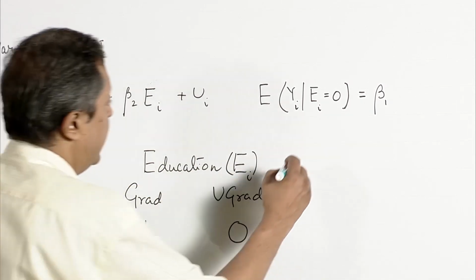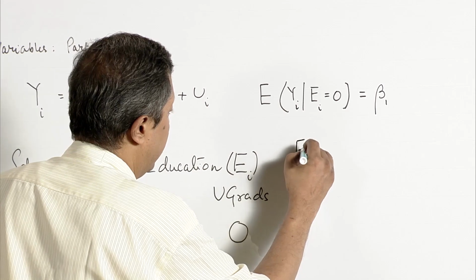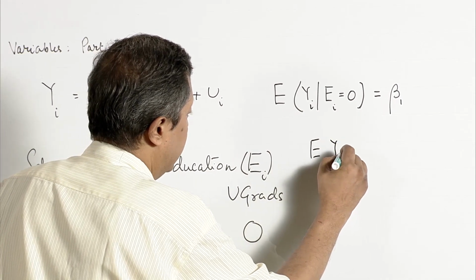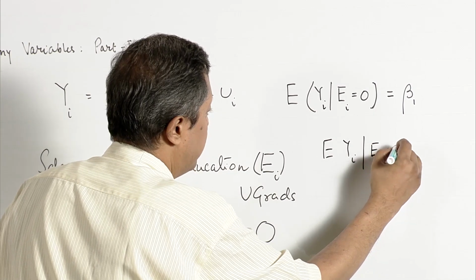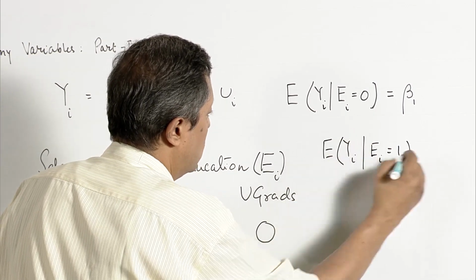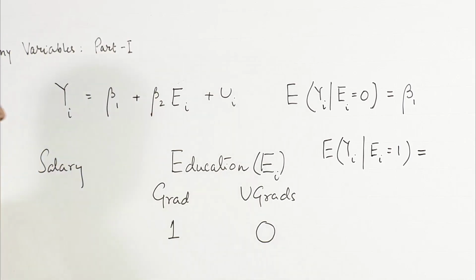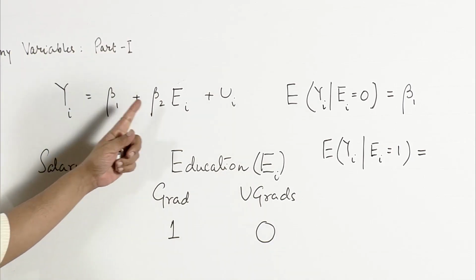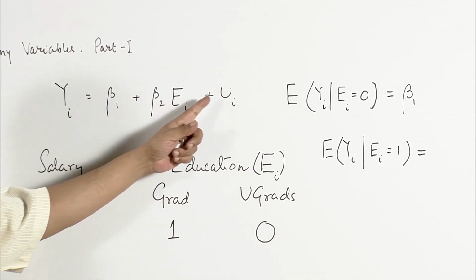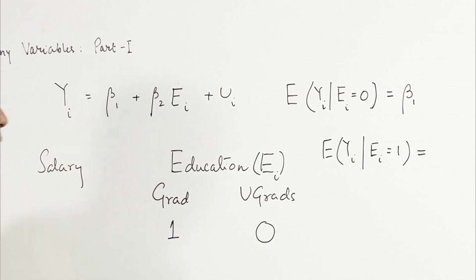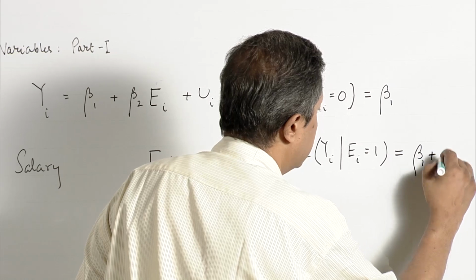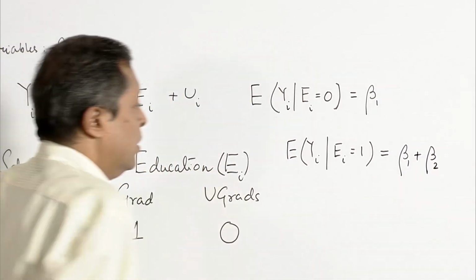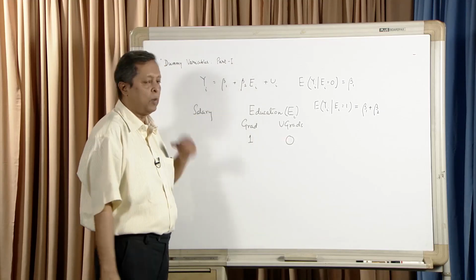Similarly, if we had considered the expected value of y given that the education level is represented by dummy value equal to 1, then we would get beta 1 plus beta 2 plus expectation of u_i, which is 0. So, that would give us beta 1 plus beta 2. What is the interpretation of this model?